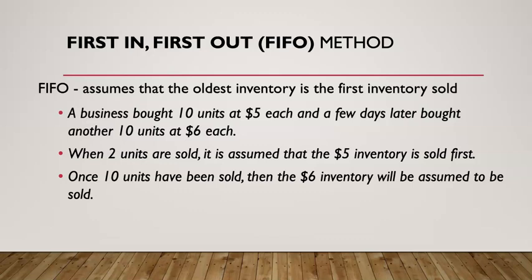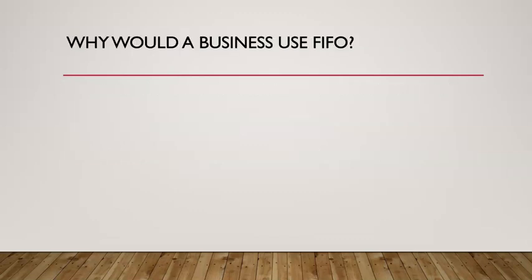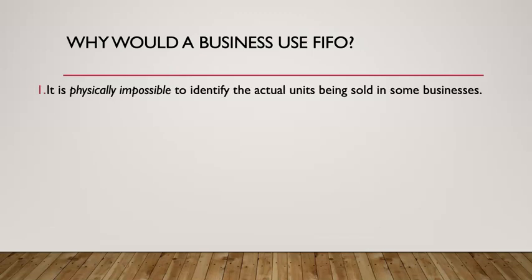Only once all of the 10 $5 ones have been sold will we then make the assumption that $6 ones have been sold. And this allows us to then make some assumptions and work out what has come in or out of our business.